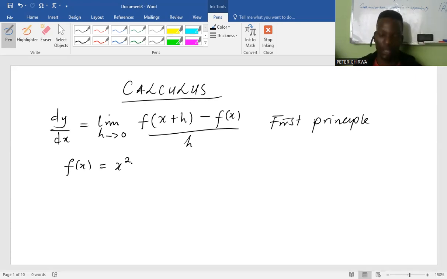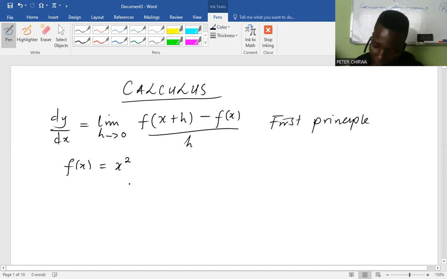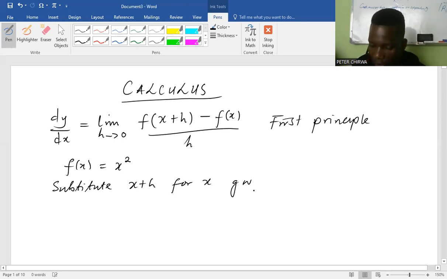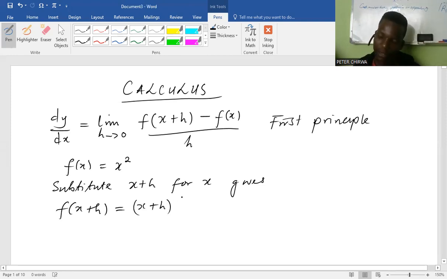The first thing that you need to do is to substitute x plus h for x in the given function. So this will give us f of x plus h is going to be x plus h squared.